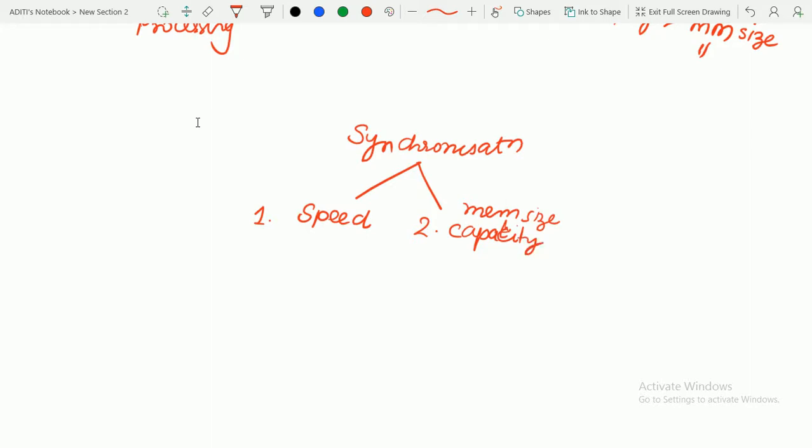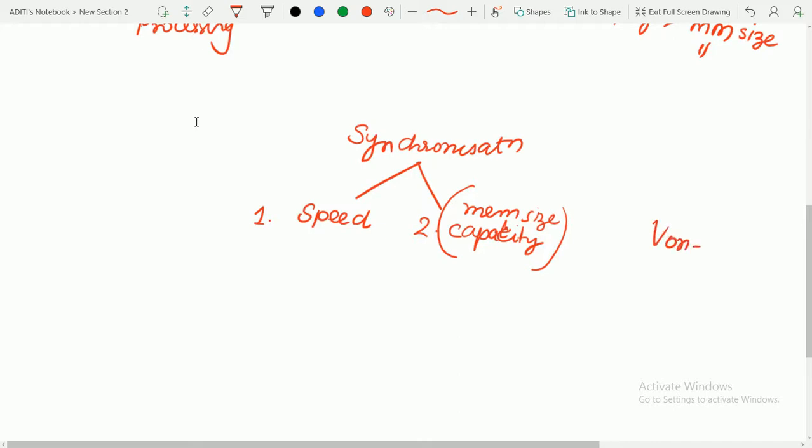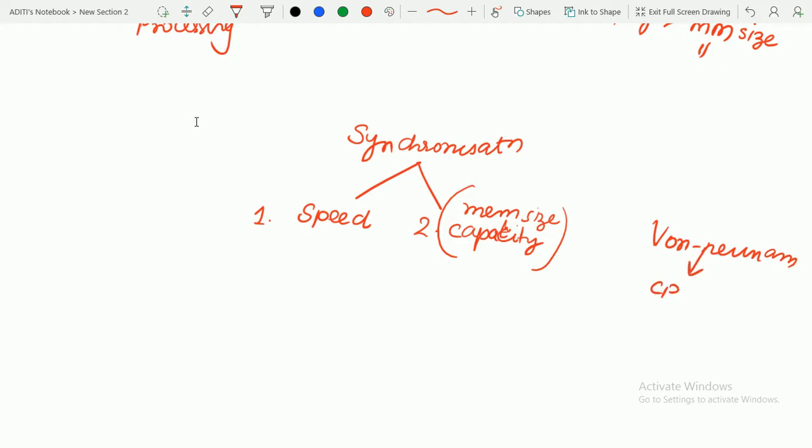Memory size capacity means our program size is greater than the main memory size, and we are considering the von Neumann architecture by default. According to von Neumann architecture, the program must be in the main memory.